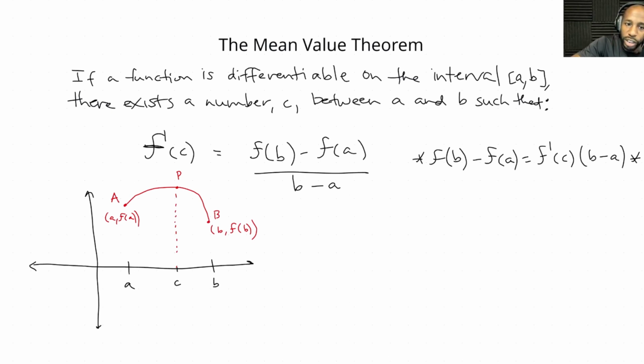I'm going to write the coordinates in a second, but you have some line, and this is not going to be perfect, y'all. I should probably move my P over a bit, but P is a value such that the derivative, or the slope, is located at C and F of C.